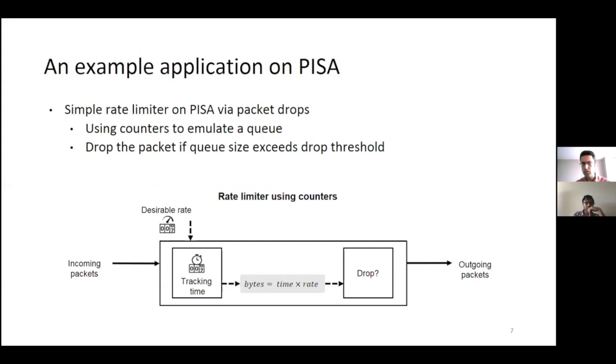Let's take a closer look. At first I'm tracking the inter-arrival time of the incoming packets. Then I multiply this time by the desired rate and calculate the drain bytes. I use these drain bytes to decide whether to drop the packet or not. As you can see, we have a multiplication in this application.